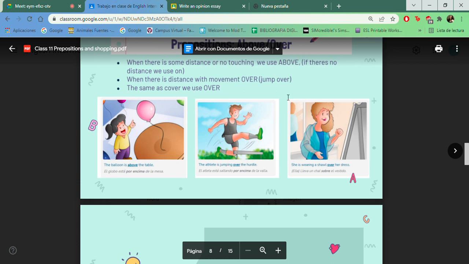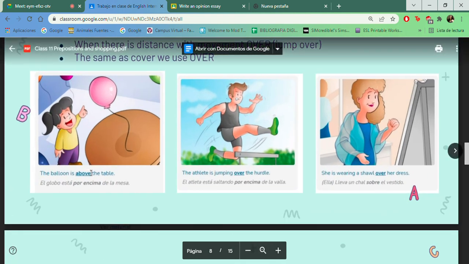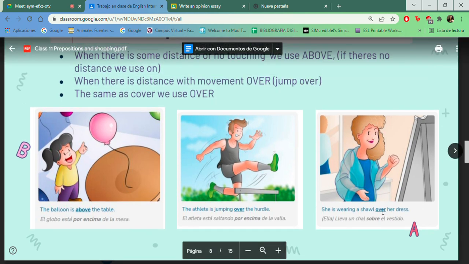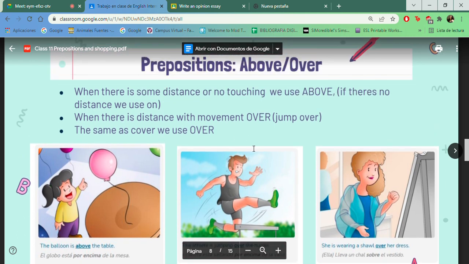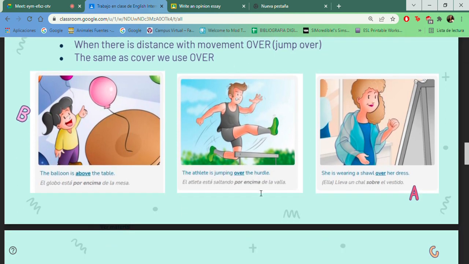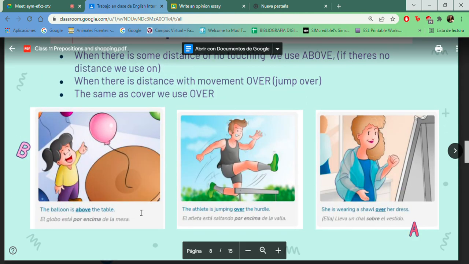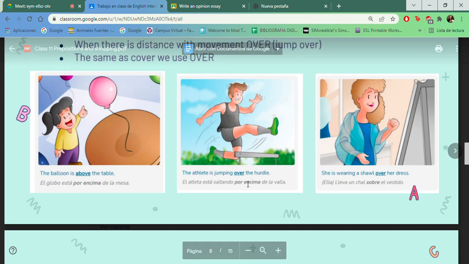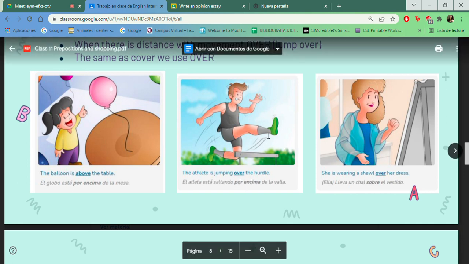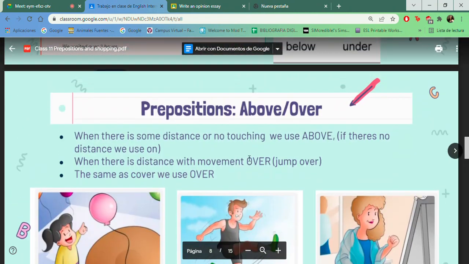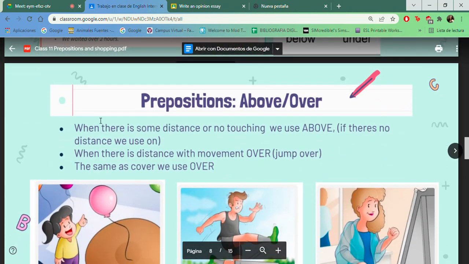For example, the balloon is above the table. And here we have over. In this case, you can use it as well, or as a preposition of movement. Over here means to cover. And here over is a preposition of movement. Great, and this is vocabulary we talked about. Any questions about this?